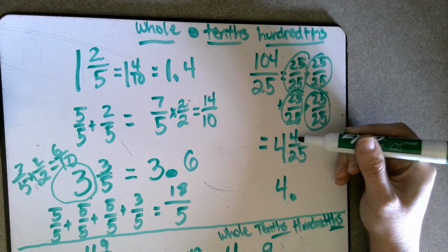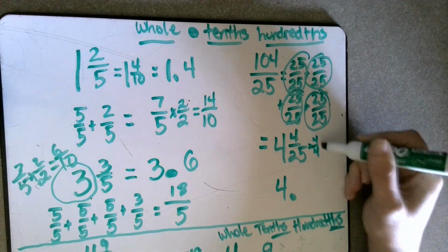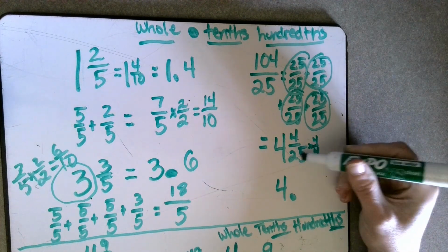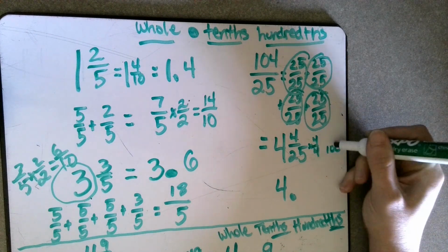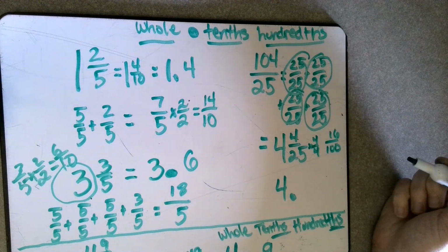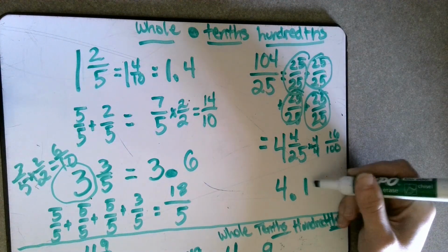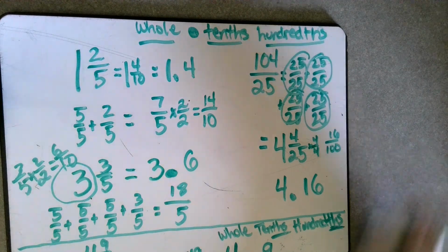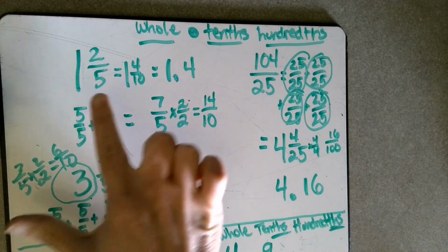And if I multiply my 4/25 each by 4, for multiplying by 1, 25 times 4 is equal to 100, and 4 times 4 is equal to 16, right? So now I'm at 16 hundredths. 4 and 16 hundredths.